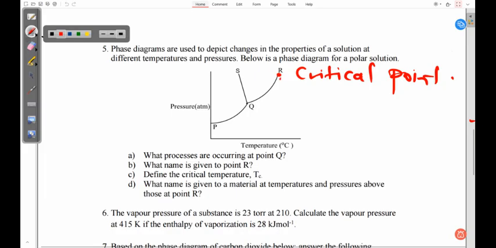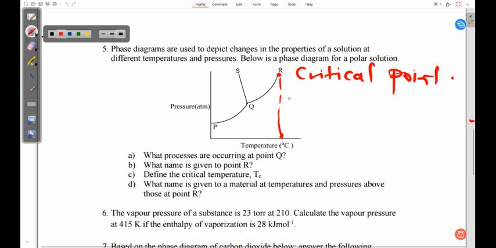So I think just at that point R, if you draw a line down, that gives you the critical temperature. So that is the highest temperature at which a substance can exist as a liquid, regardless of the pressure.